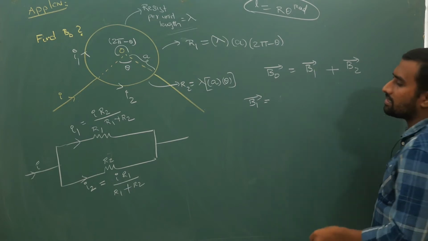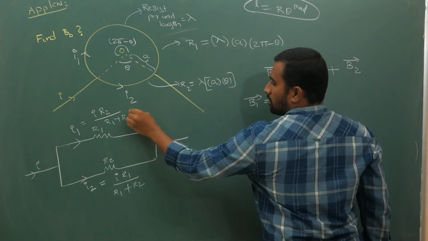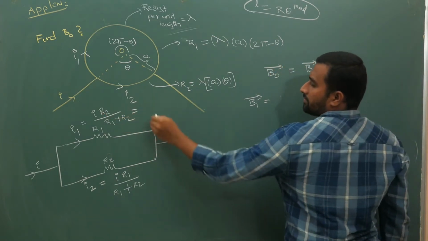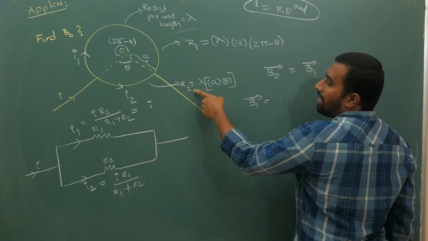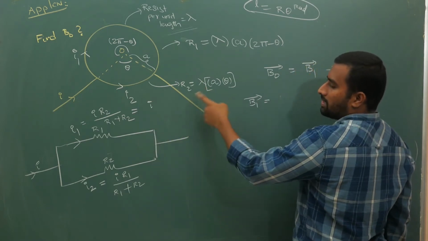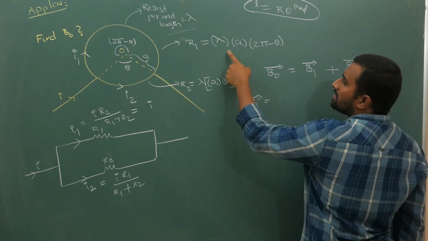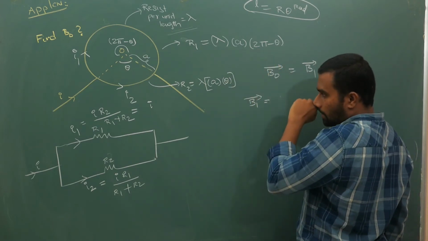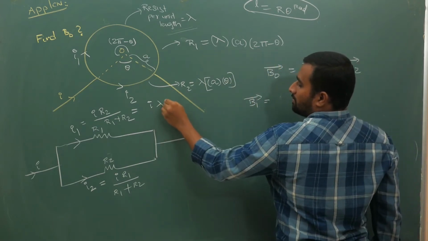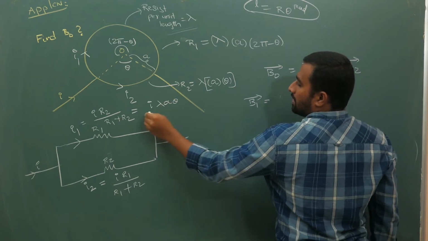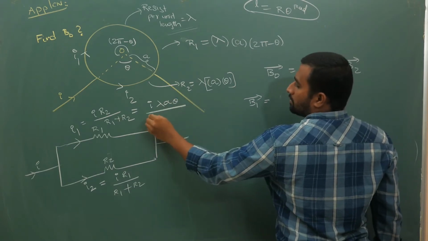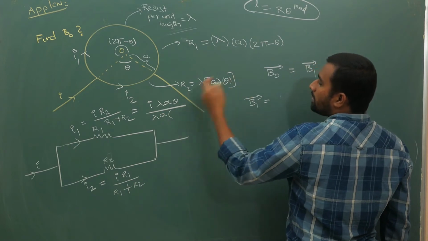First we will calculate I1 and I2. Your I1 is I times R2 by R1 plus R2, that is lambda a theta by lambda a theta plus lambda a times 2 pi minus theta. That gives 2 pi in the denominator, lambda a cancels off, and you get I theta by 2 pi. And I2 is I times R1 by R1 plus R2, that is lambda a times 2 pi minus theta divided by lambda a times 2 pi minus theta plus theta.